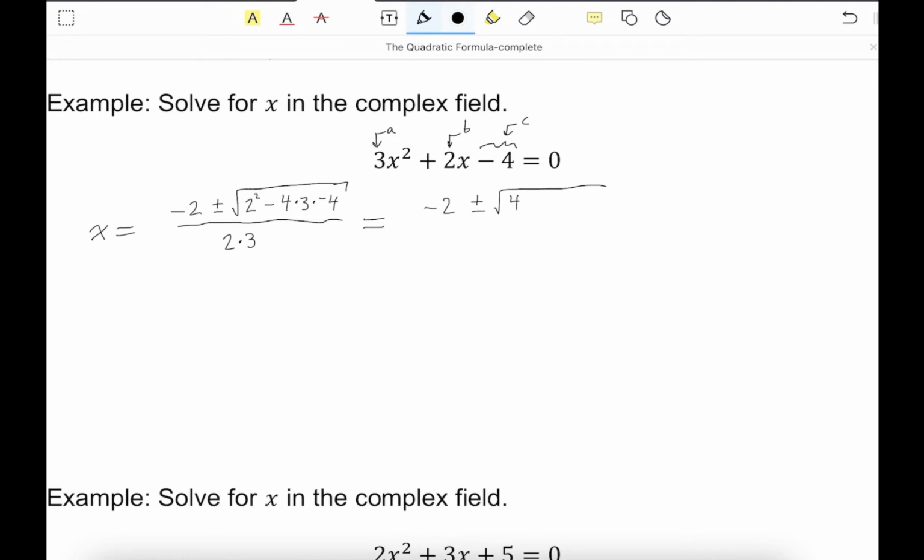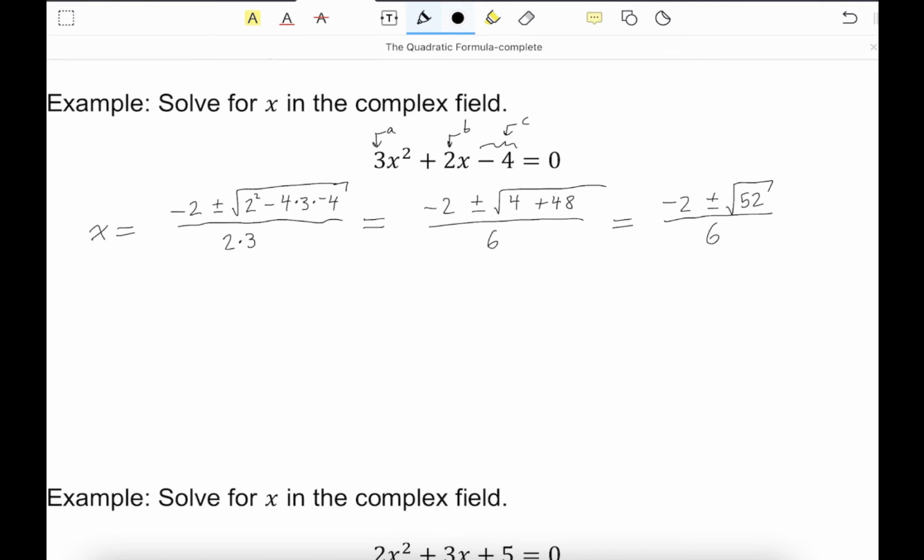And we're subtracting that, so it's plus 48 all over 6. Okay. I now have negative 2 plus or minus the square root of 4 plus 48 is 52, all over 6.